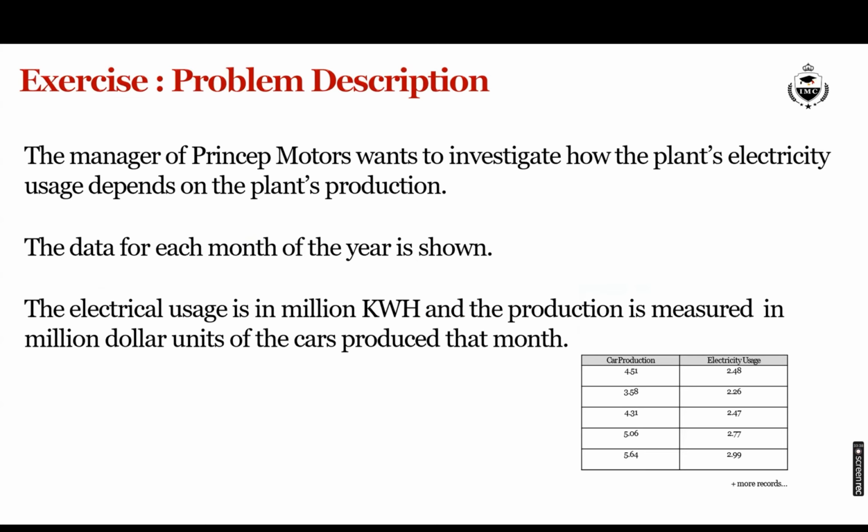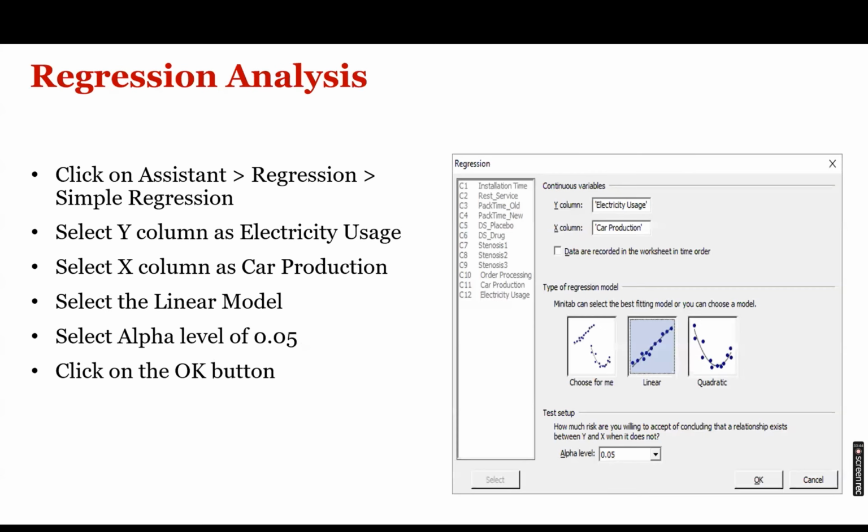So car production is the X and electricity usage is the Y. Based on this, we go to the assistant menu, select regression, and because there is only one X, we select the simple regression. Y column is, of course, electricity usage. X is, of course, car production. And whenever we check a one-to-one relation, we select the linear regression.